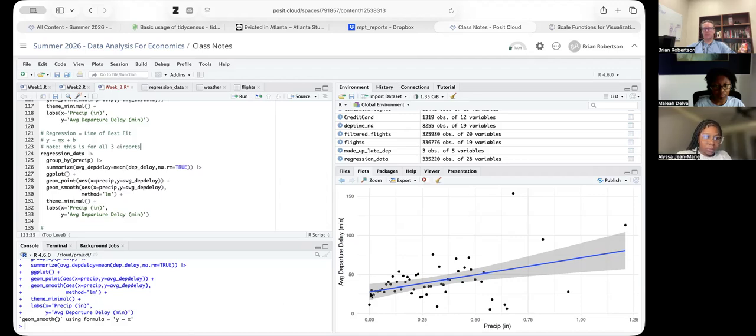One thing I forgot to mention: what's the intercept on this? Where does it cross the y-axis? Does it cross at 0 or something other than 0? It crosses at something above 0, right?